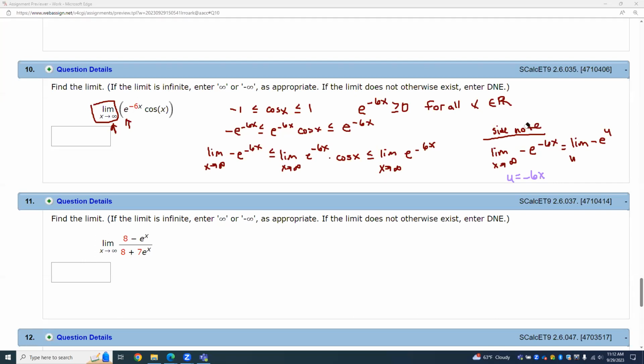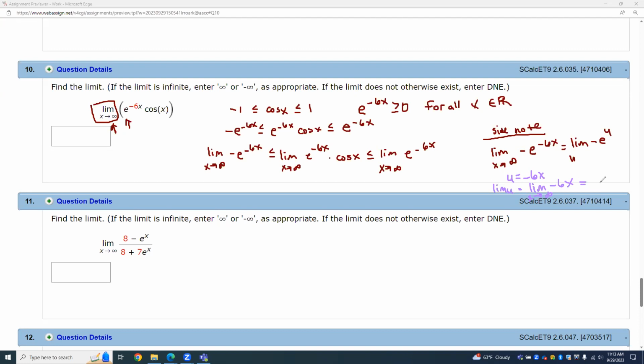So what we do first is see, if u equals negative 6x, what is the limit of u as x is going to infinity? The limit of u is the limit as x goes to infinity of negative 6x. If we think about it this way, negative 6x is just a negative function.